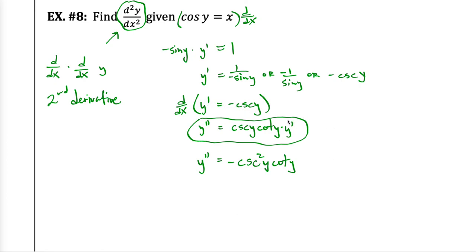So traditionally, they won't leave y prime in y double prime. You have to take your answer from y prime and substitute it in. So that's why I said the first one I circled is 100% correct, but you're just never going to see it. The second answer is the one that you would see everywhere.